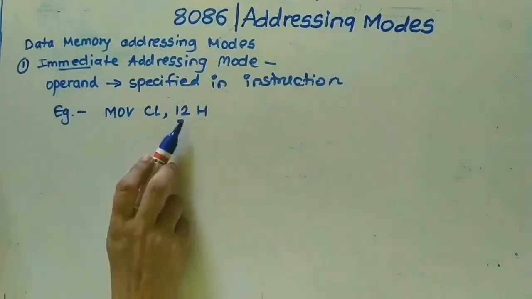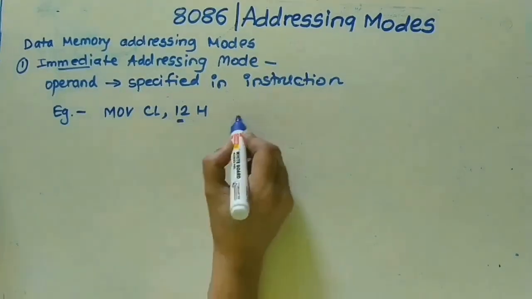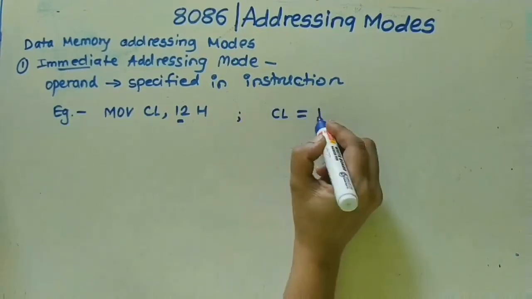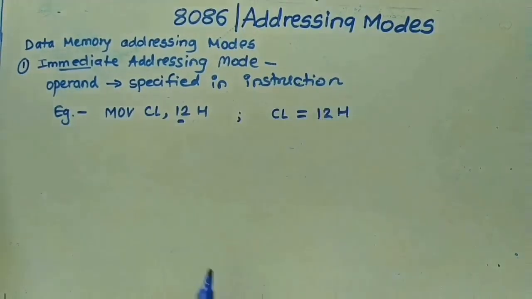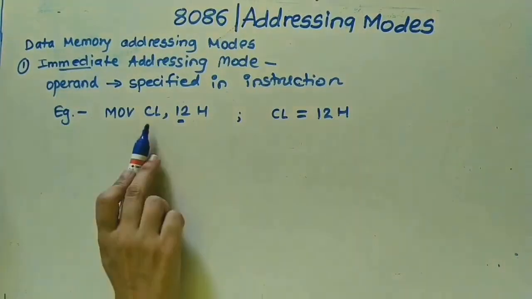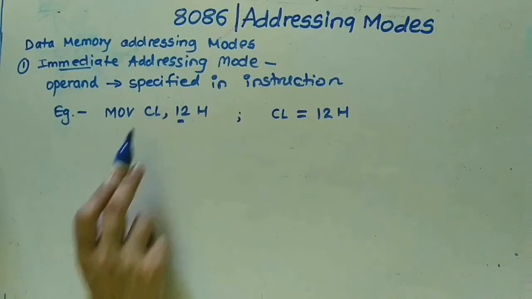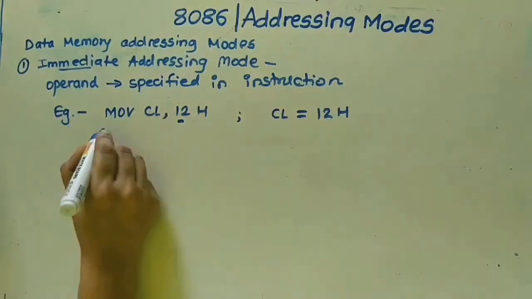This is called the immediate data. After execution of this instruction, the CL register contains data 12H, meaning this instruction immediately moves the 12H data into the CL register.